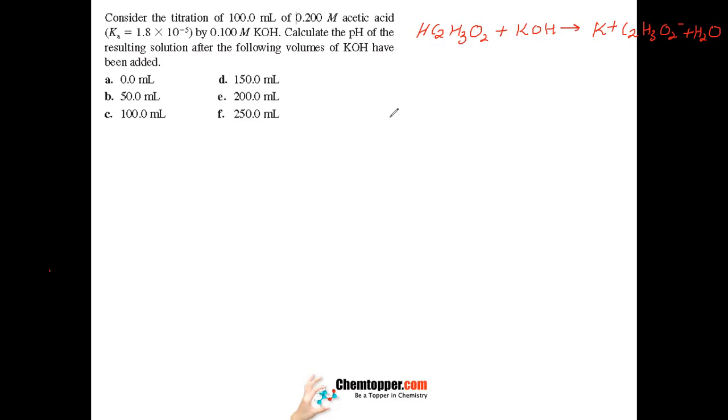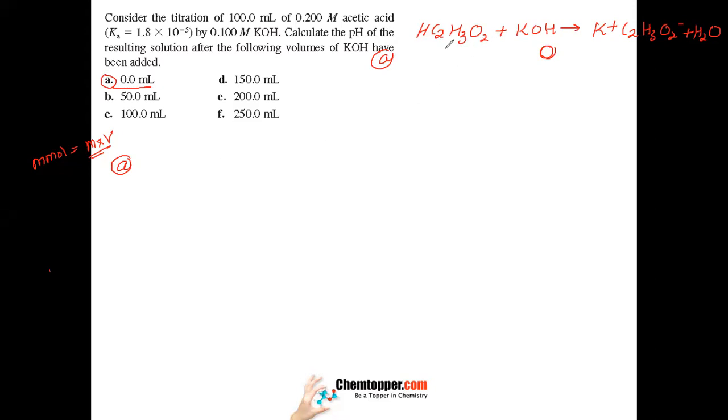As I said, we are going to work in millimoles, and millimoles are molarity times volume, right? So let's work for the A point. At the A point, what is there? KOH is 0, see, 0 volume.